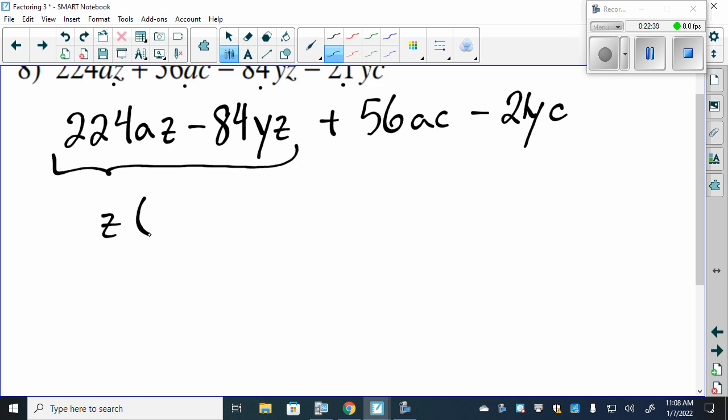Oh, 4. And we can take 4 out. So if we take out 4Z, 224 divided by 4 is 56A, and the Z factors out. Minus, 4 goes into 84 21 times, and we're left with Y.